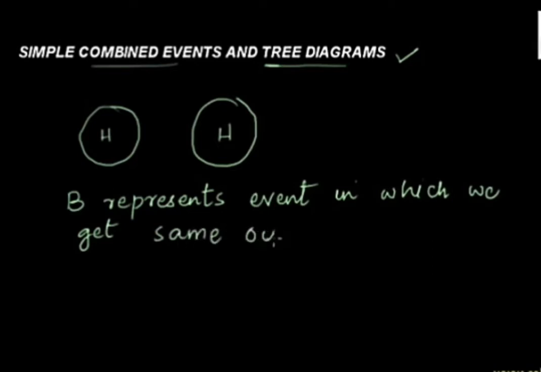Now we have to find the probability of B. We have done it before. In the first video we saw that probability of B means number of favorable outcomes divided by total number of outcomes. This is the formula.